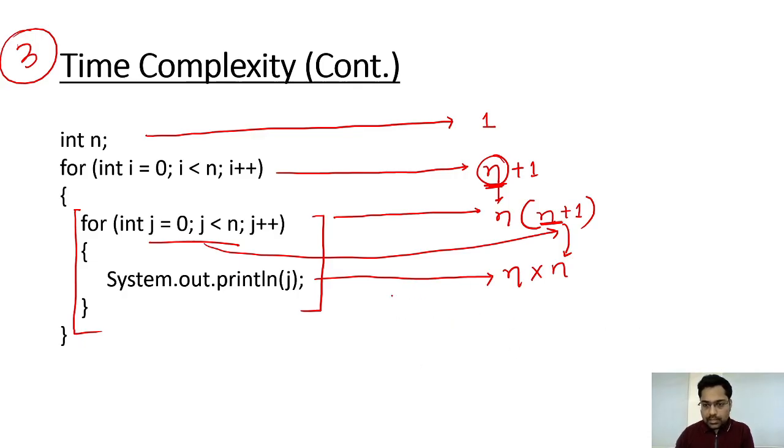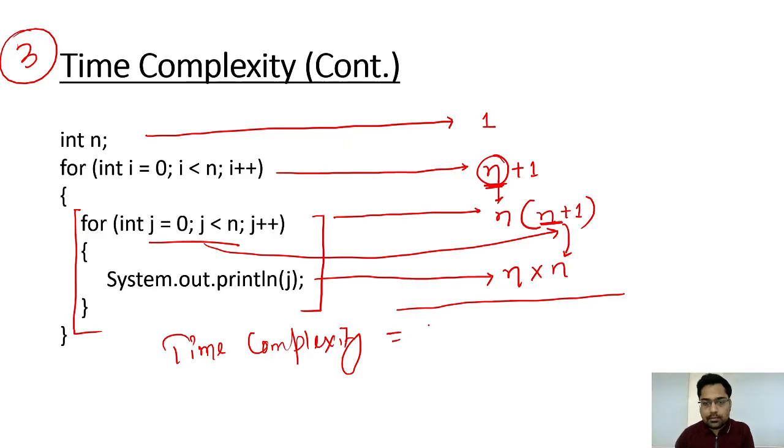Sorry, the time complexity we have to find is, we add everything: 1 plus n plus 1 plus n into n plus 1, then plus n into n.